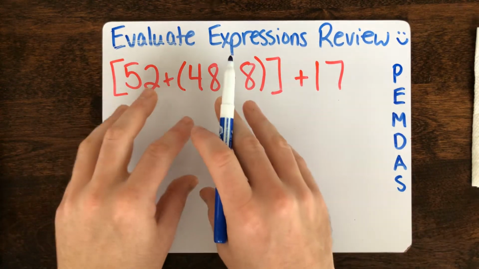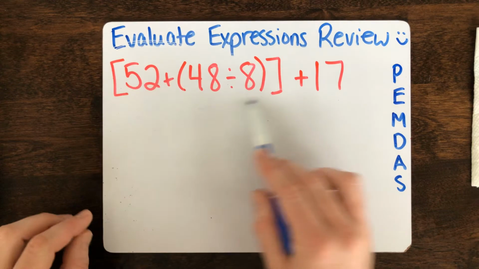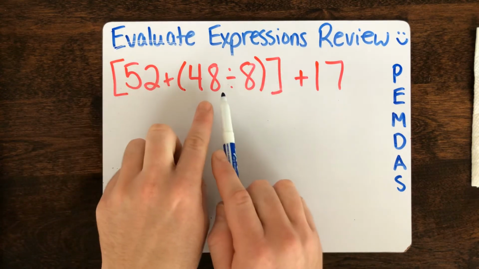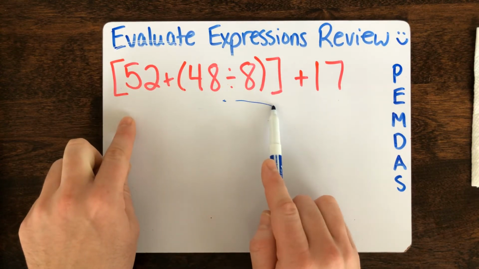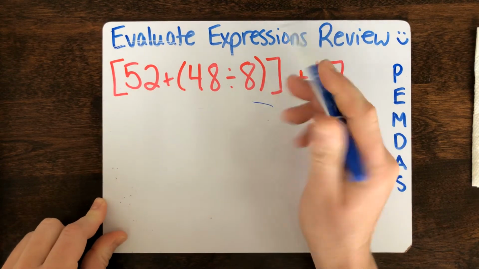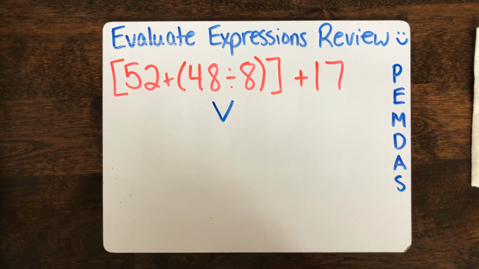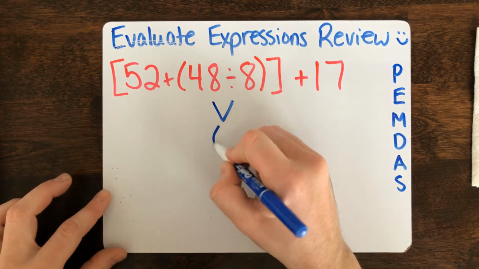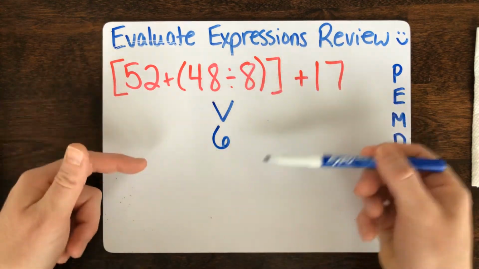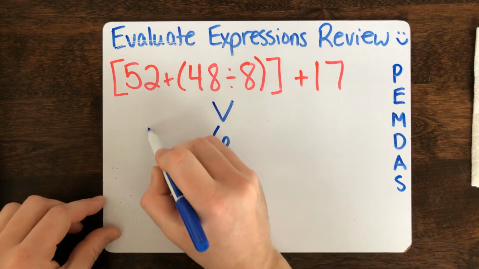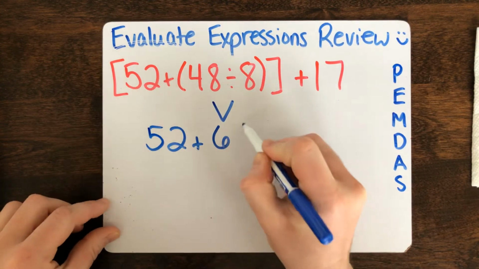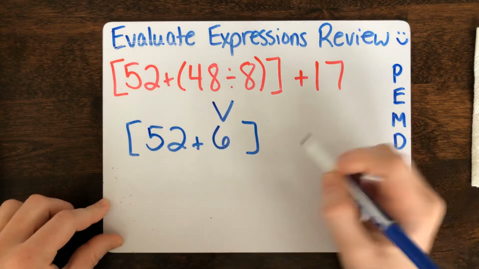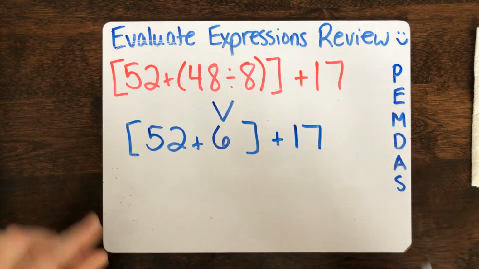That's what my eyes draw to, and that's where I'm going to start. I'm going to start from the inside and work my way out. So 48 divided by 8, that's what I'm going to do first. And 48 divided by 8 is 6. Then I'm going to bring down everything I haven't done yet. So 52 plus 6, put brackets around those, plus 17.